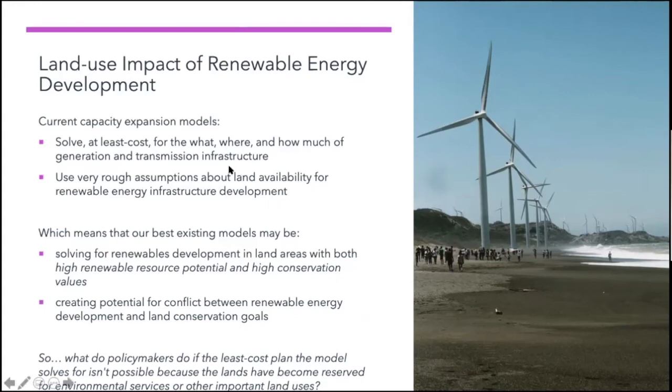If we use these models, they will provide us solutions that ask us to develop renewables in land areas that might have very high resource potential, but might also have very high conservation value, right?